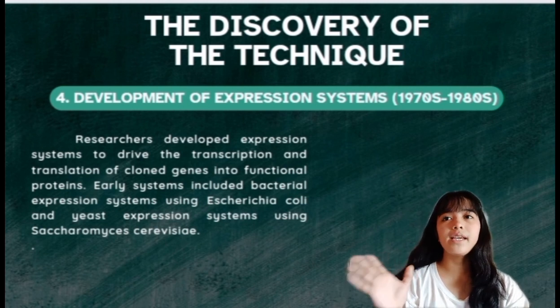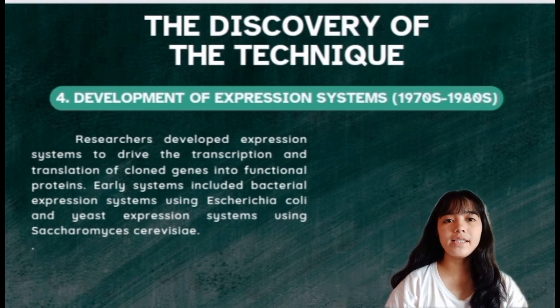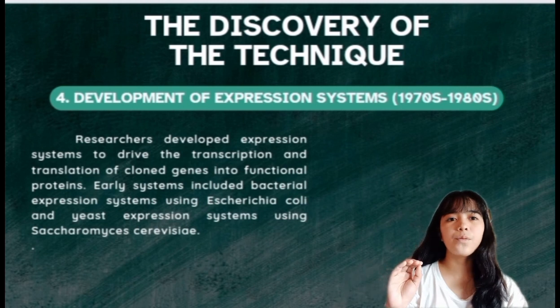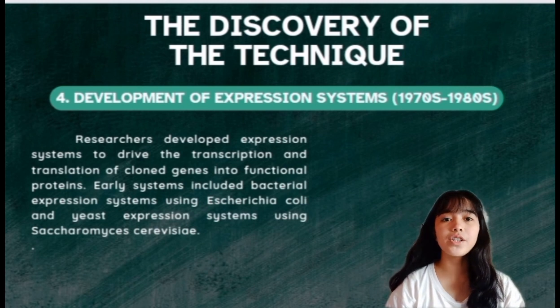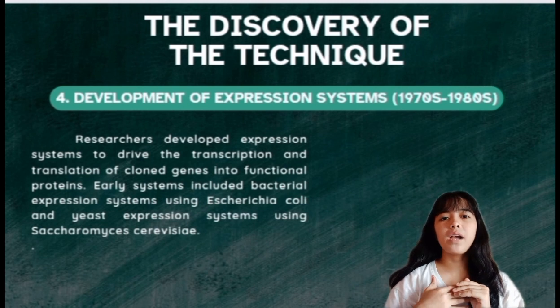In terms of the yeast expression system, a type of yeast, Saccharomyces cerevisiae, is another popular host organism for the expression system. Yeast cells are advantageous for protein production because they have a well-established genetic and biochemical background.